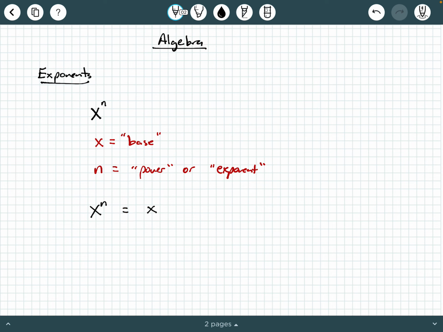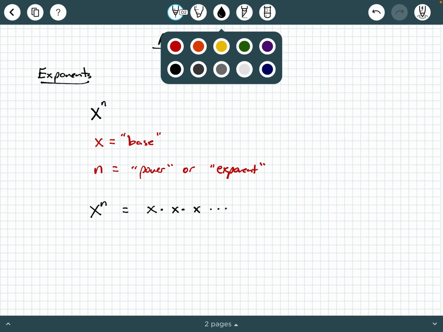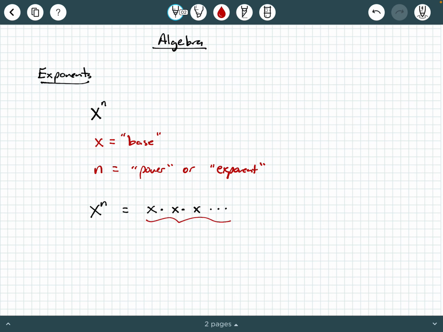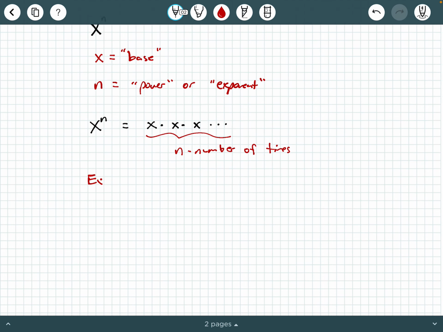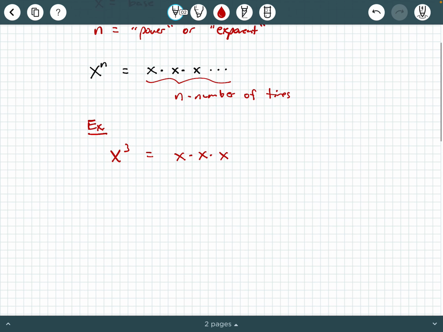So this would be x times x times x dot dot dot n number of times. So for example, if we have x cubed, this is x times x times x.